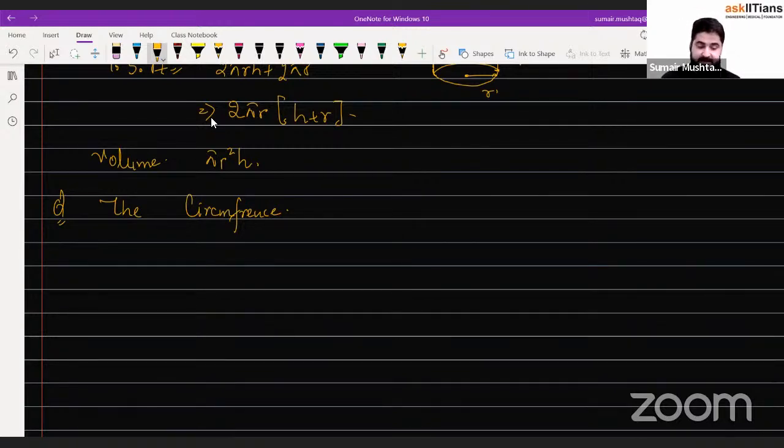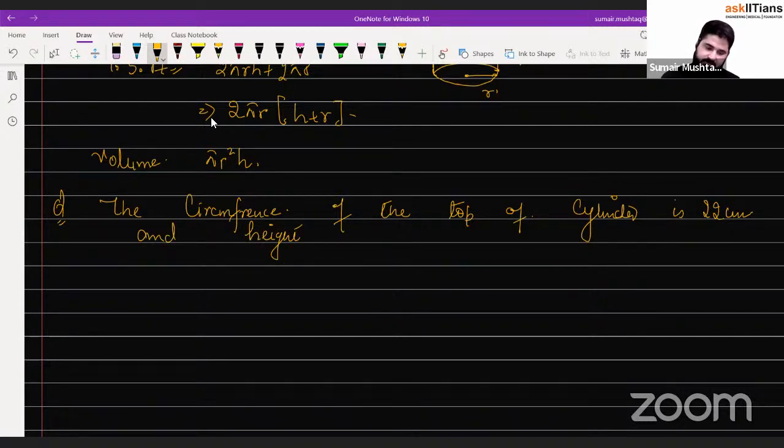The circumference of the top of a cylinder is 22 centimeter, and the height is 7 centimeter.